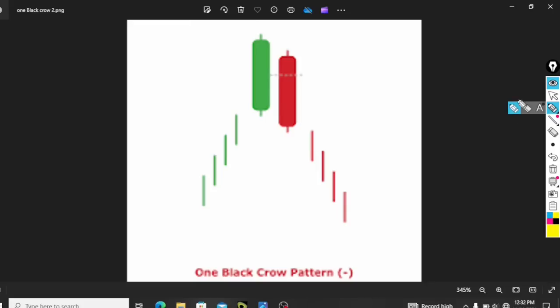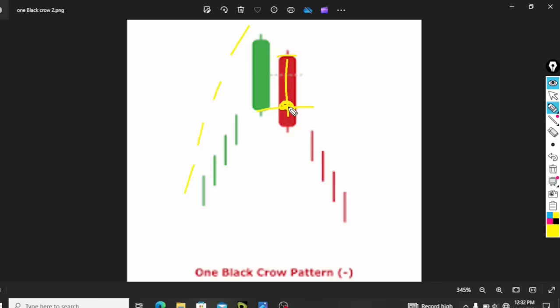So let's assume that there's a movement now to the upside, and then one black crow appears. There shouldn't be any confusion when you see these two candles this way. Maybe after the last green candle, a red candle opens and then begins to trade downwards at the point where it is breaking the open of the previous day candle.